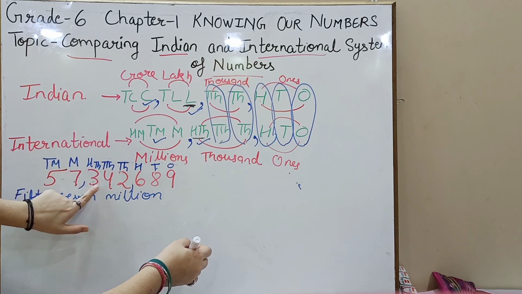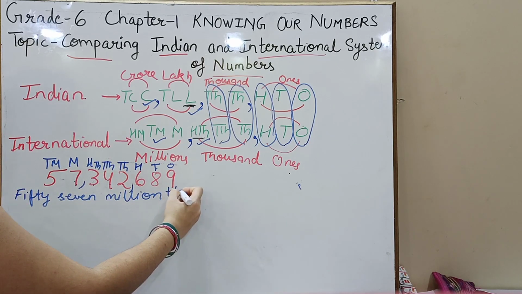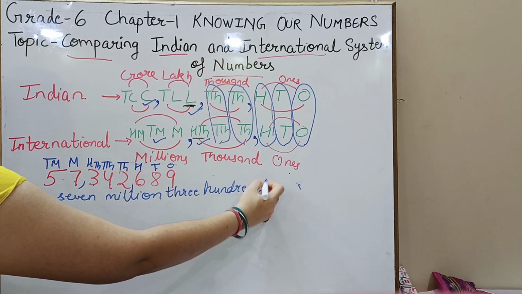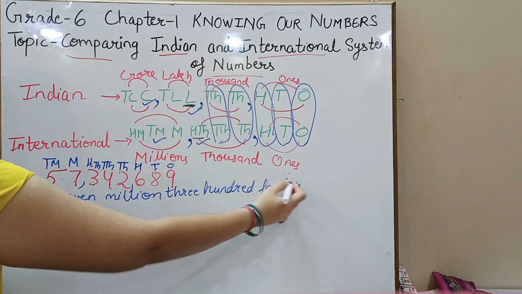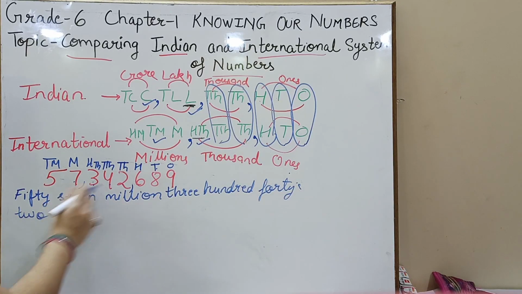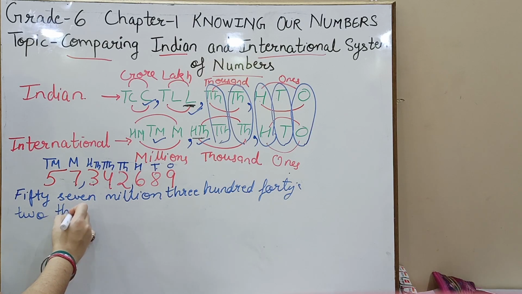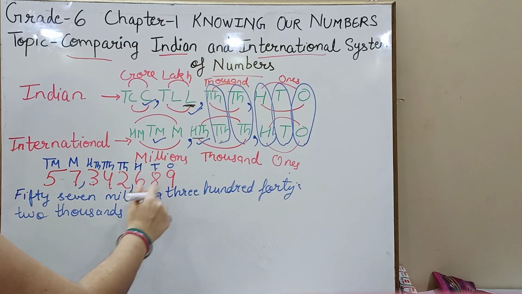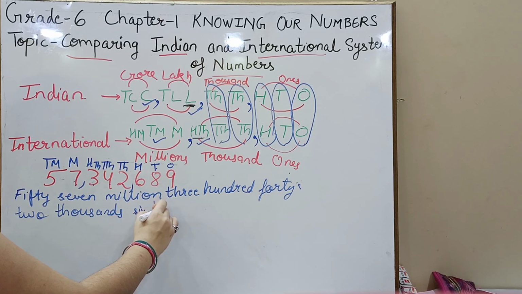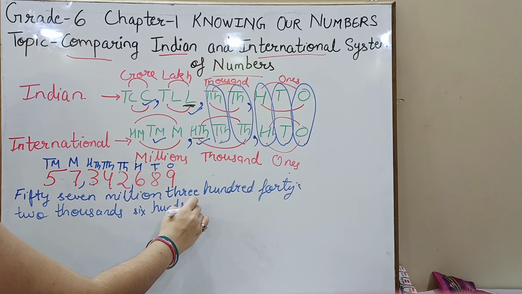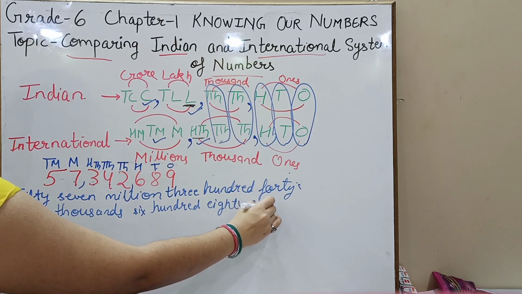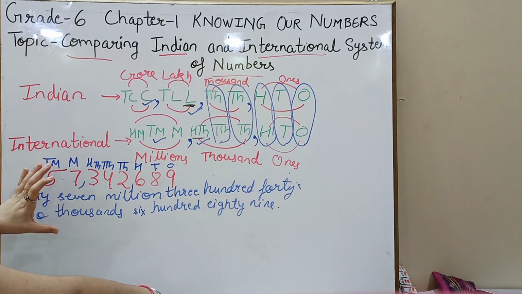We are going to read it as 342, and it belongs to the group of thousands. 689. I hope the concept of writing the number names is clear to you.